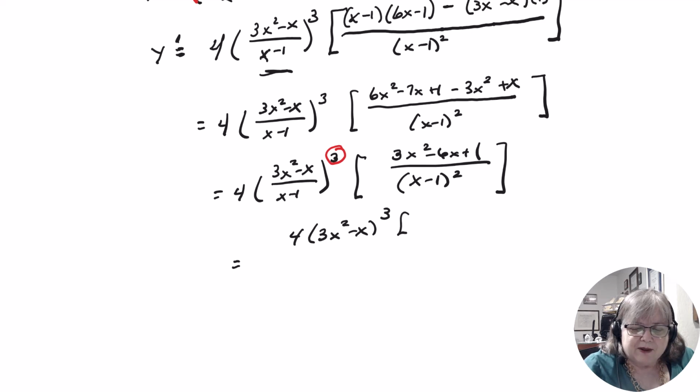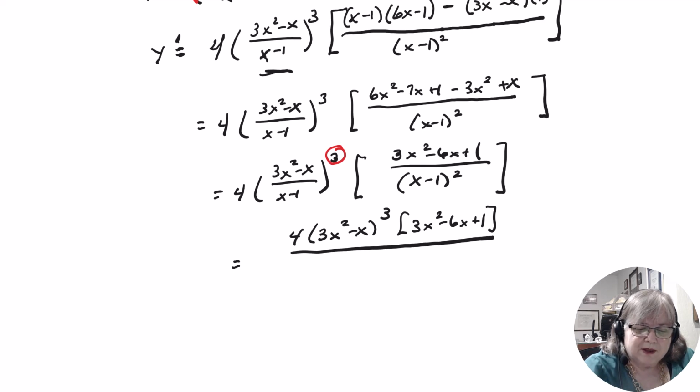And then I have this (3x² − 6x + 1). And the reason I did that really is if you look down here with this x − 1 and this x − 1, they're the same binomial.